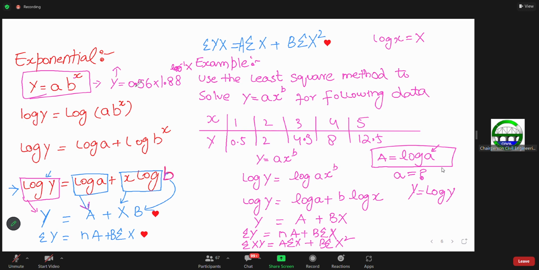So we put it equals to log inverse of small y. So this will be your equation. I hope this thing is clear to everyone.